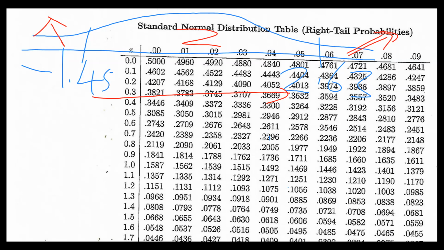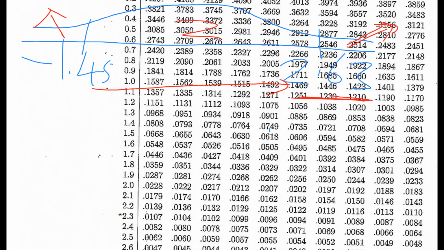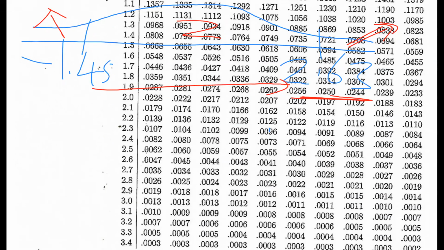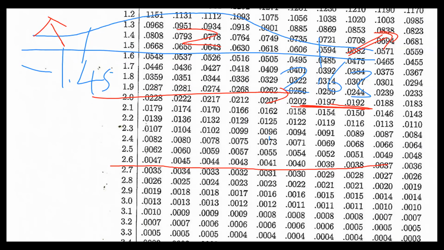All right. So let's go for this one. It will be 2.6 and what? 0.03. Yes. So you're looking for 2.6 and 0.03.